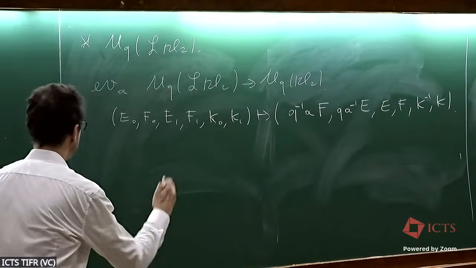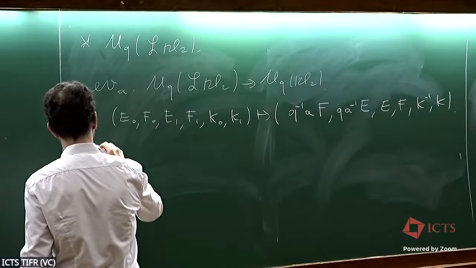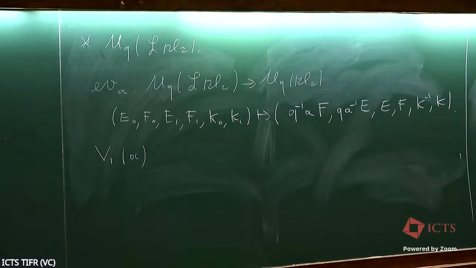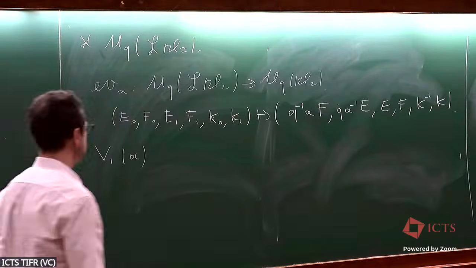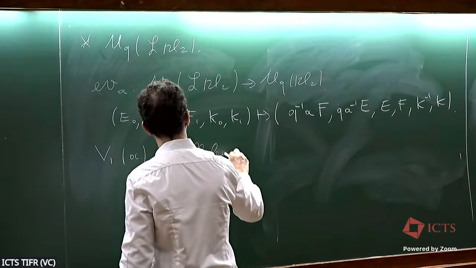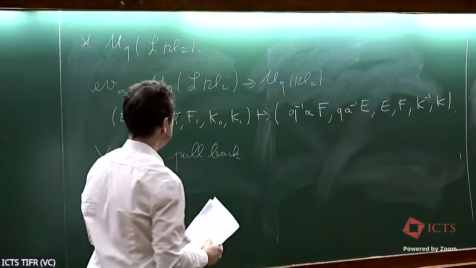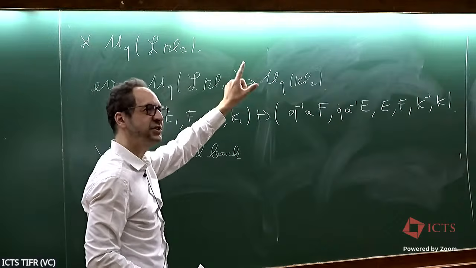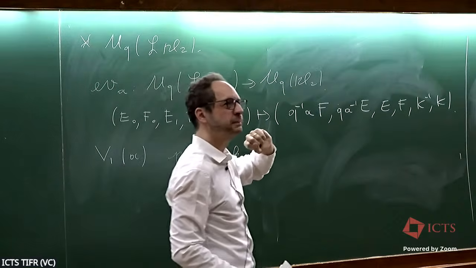I think I explained it yesterday already. So V1(a) is the pullback of this representation by this morphism. K0 and K1, yes, because we look at the loop algebra. So the central charge classically is sent to 0.